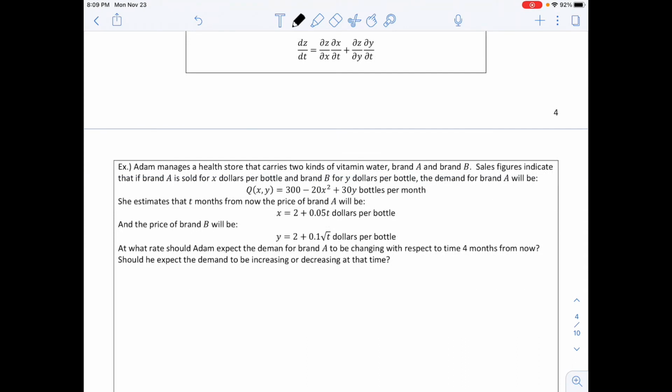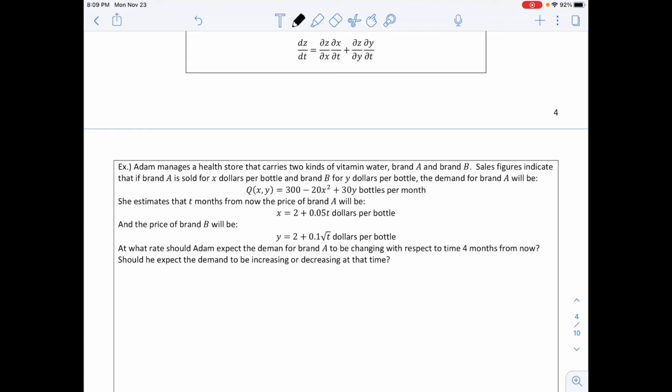The next example that we have says Adam manages a health store that carries two kinds of vitamin water, brand A and brand B. Sales figures indicate that if brand A is sold for X dollars per bottle and brand B is sold for Y dollars per bottle, the demand for brand A will be Q of X comma Y equals 300 minus 20x squared plus 30y bottles per month.